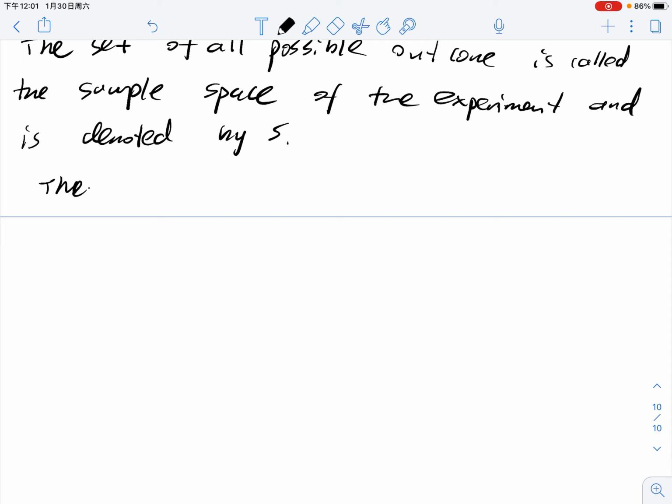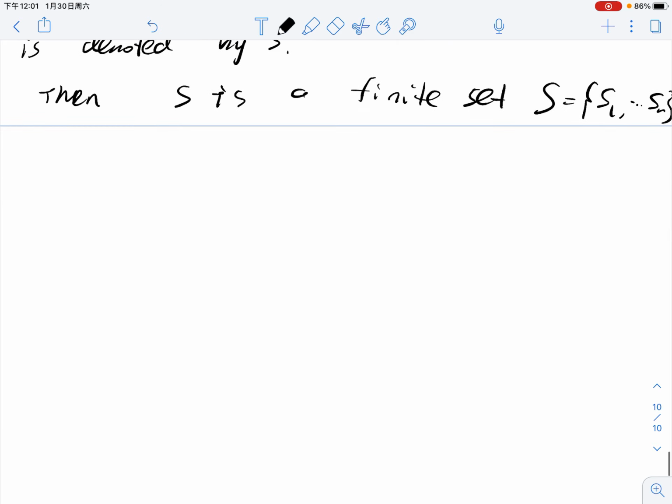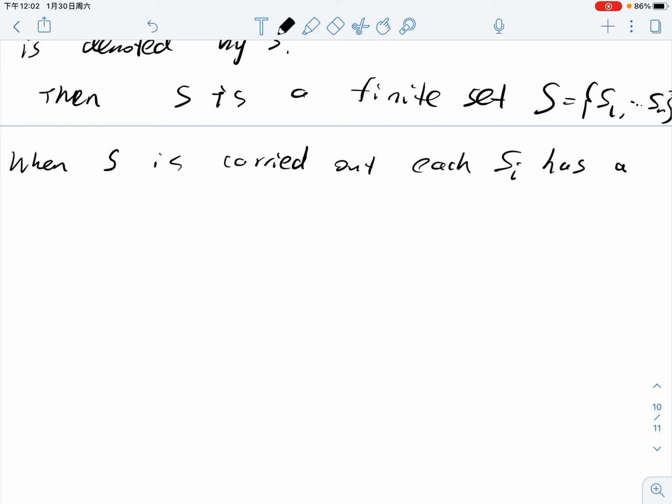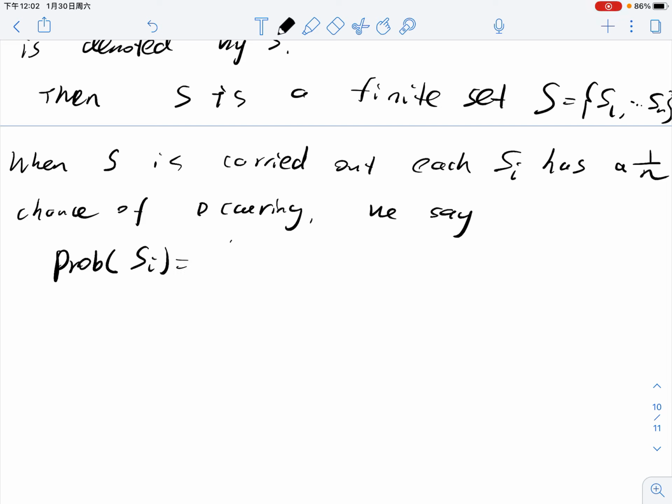Then S is a finite set S1 through Sn, and when the experiment is carried out, each Si has a 1 over n chance of occurring, and therefore we say the probability of Si is 1 over n for i from 1 to n.